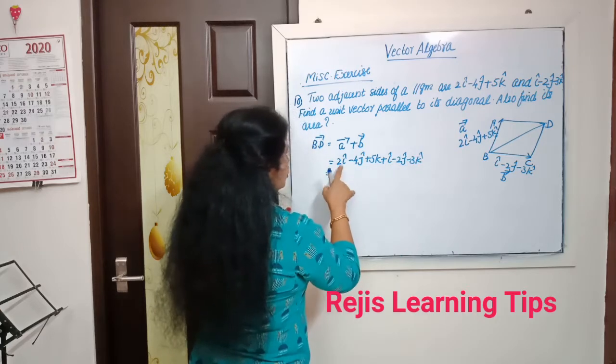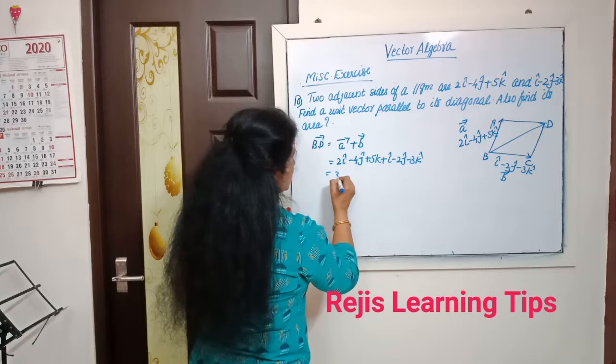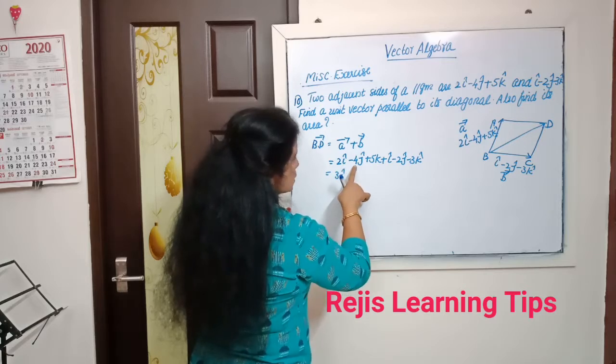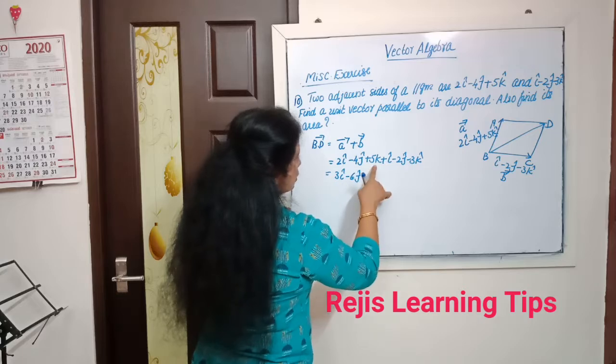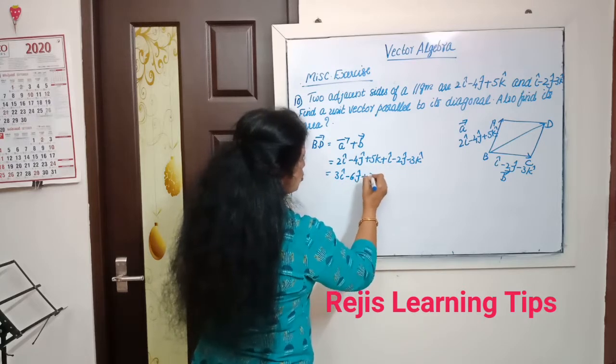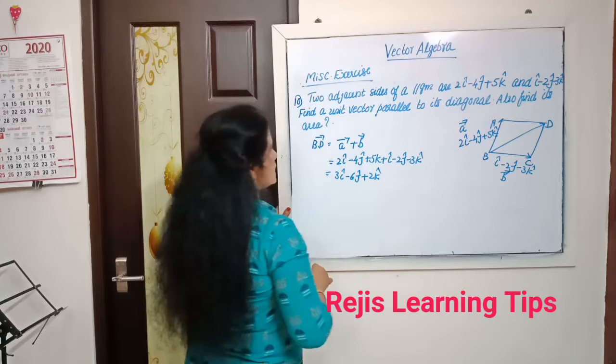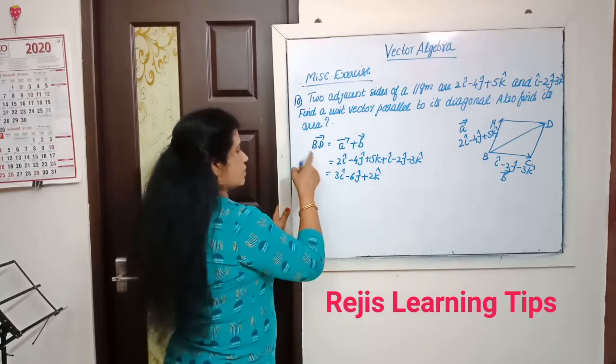That is 3i cap, minus 4j minus 2j means minus 6j cap, 5k minus 3k means plus 2k cap. That is the diagonal.